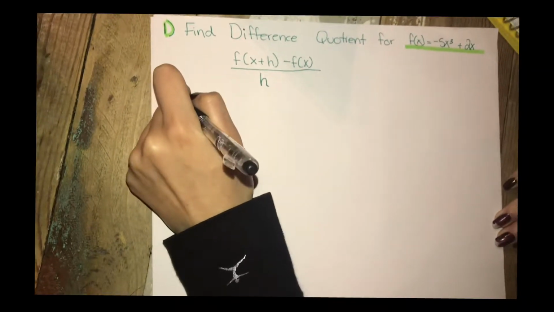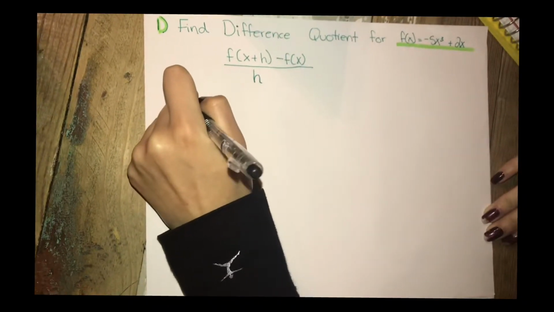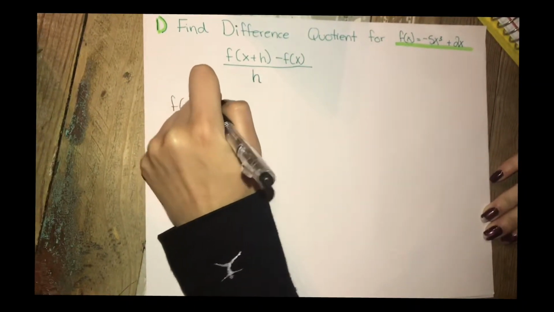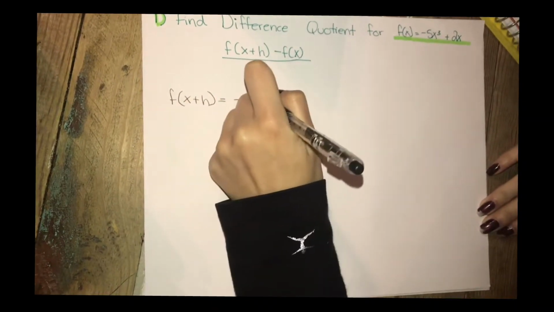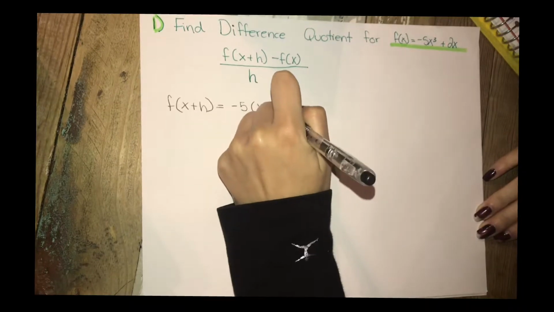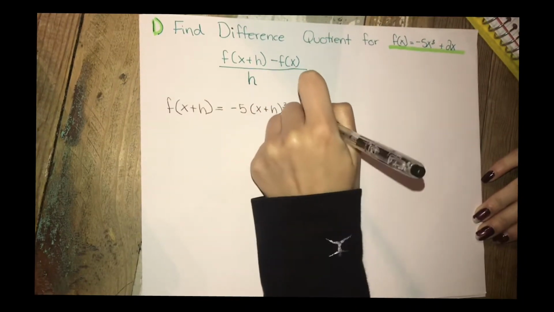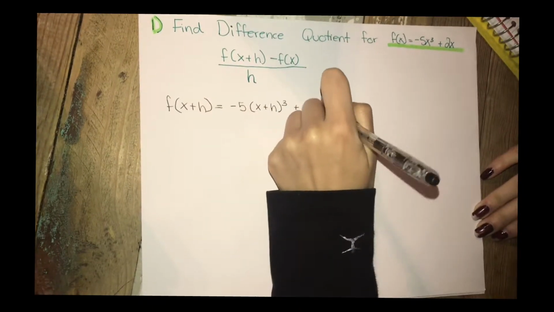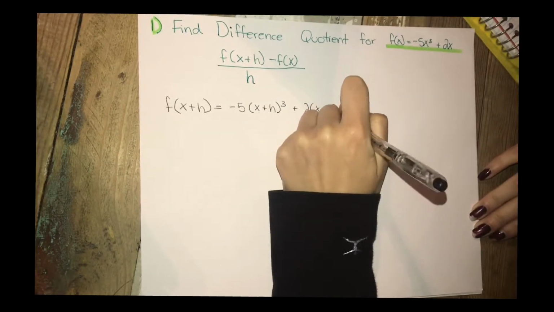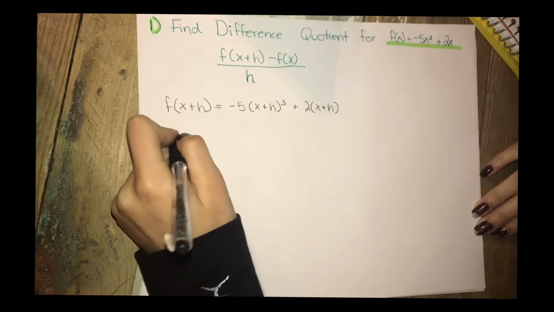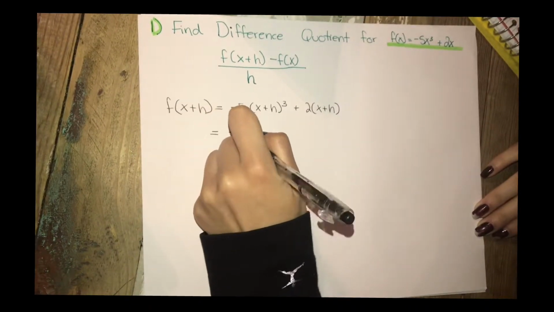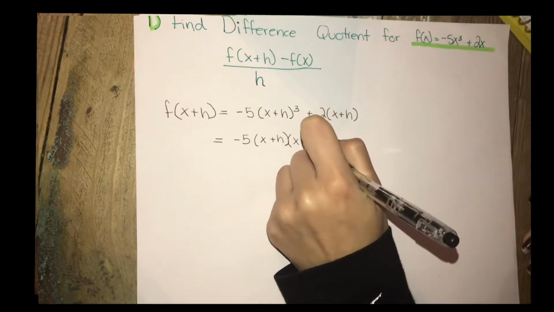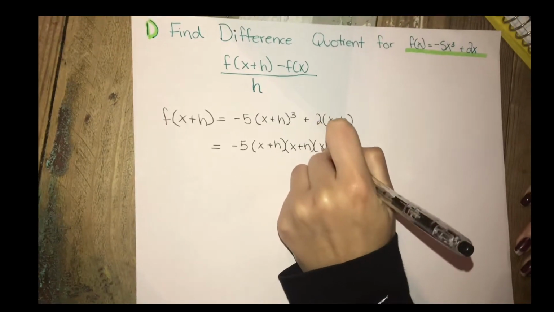For the first problem, to find the difference quotient for the equation f of x equals negative 5x to the third plus 2x, you would use the equation f(x plus h) minus f(x) divided by h. So first you would need to write down the original equation, substituting x with x plus h.